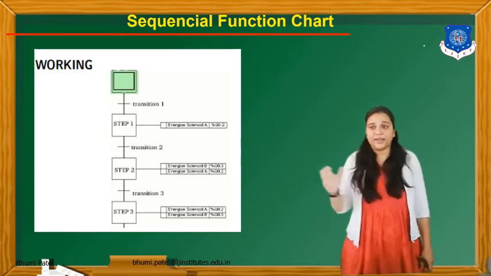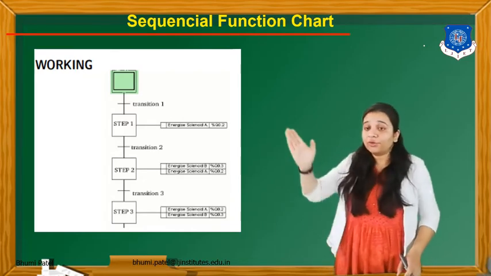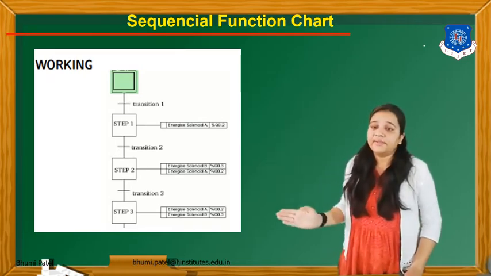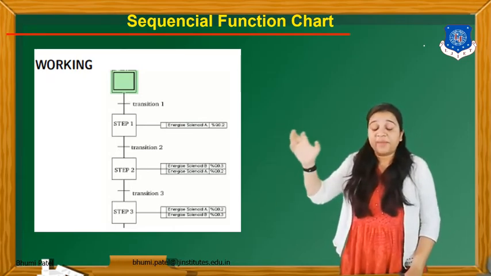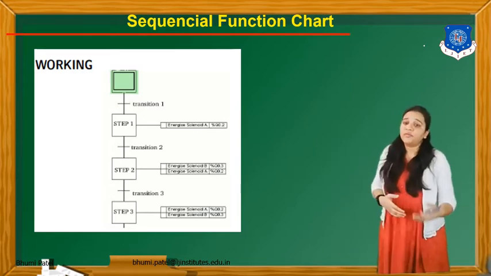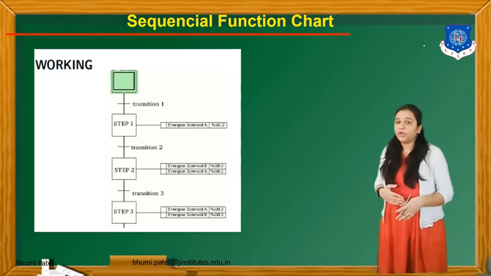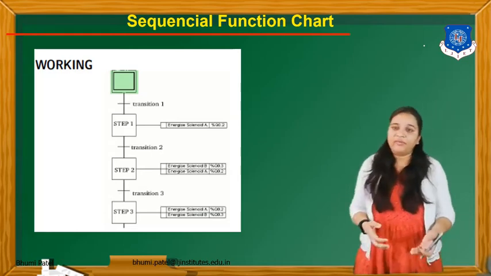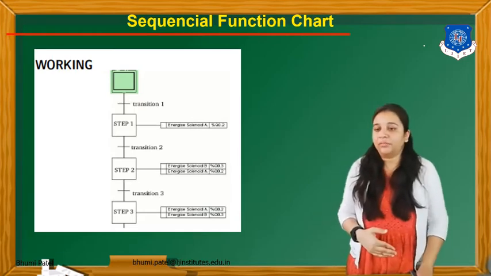Here you can see that input is applied. Then we have three transitions: transition 1, transition 2 and transition 3. If step 1 is clear, then transition 1 will go to step 2. If step 2 is true, that time it will go to step number 3.